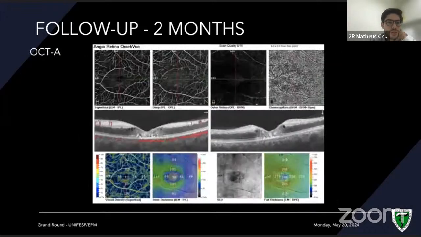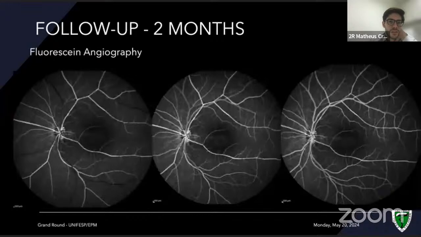So here's the OCT angiography, where we can see the enlargement of the foveal avascular zone, but no other signs. And here's the fluorescein angiography of the left eye, where we can see some signs of hypoperfusion, and we can see the same macular hypofluorescence due to, as Henrique said, a possible poor perfusion.